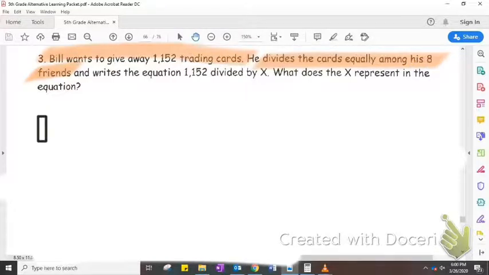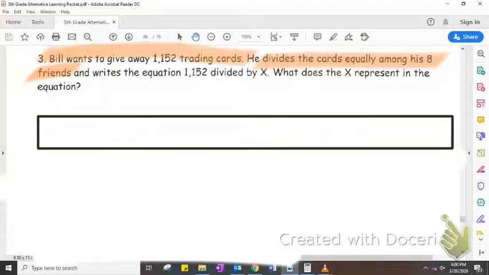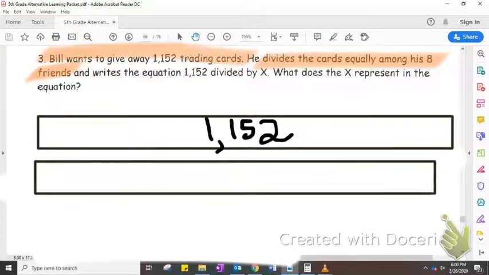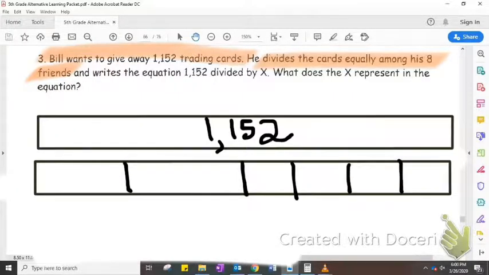Okay, so he's got 1,152 cards, and he's dividing them equally among his 8 friends. They all get an equal amount, T.